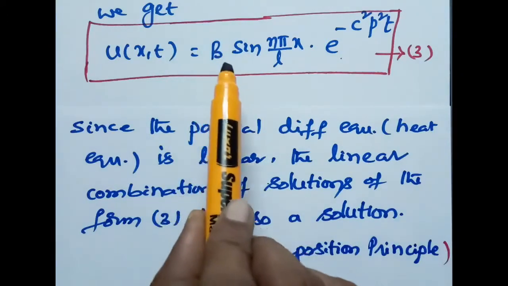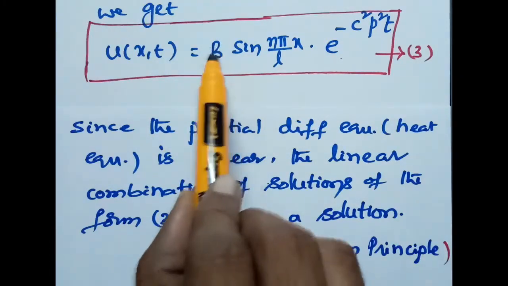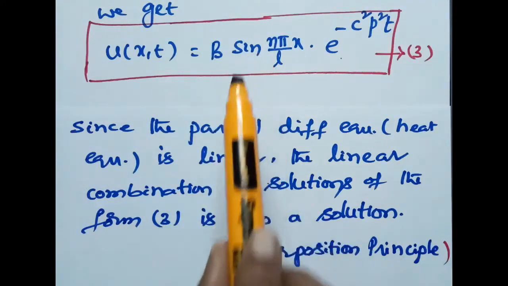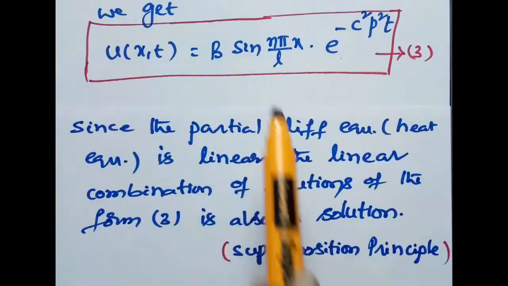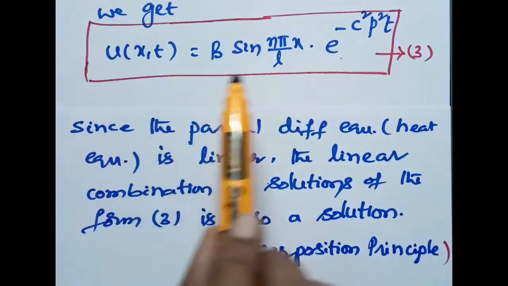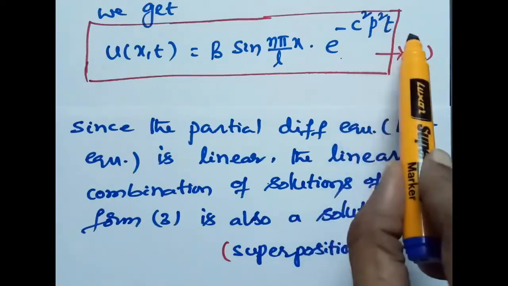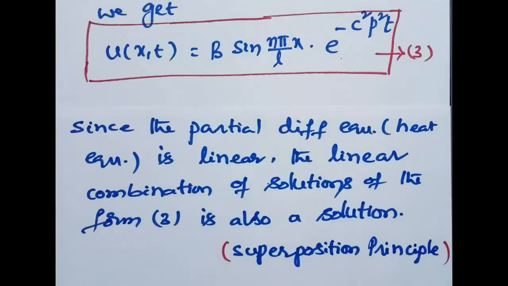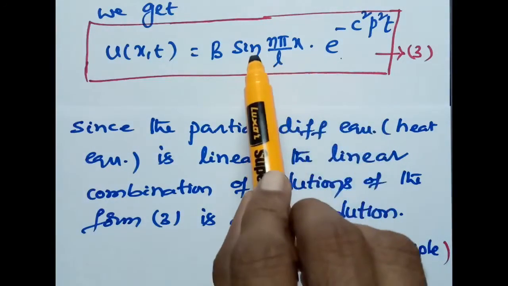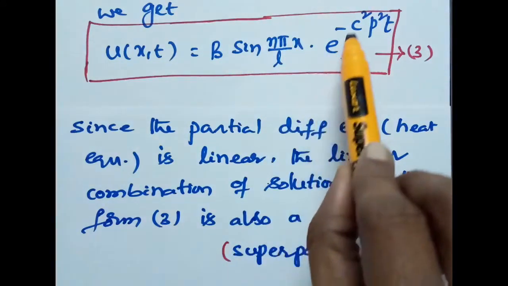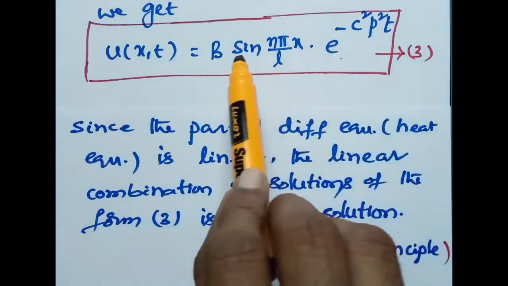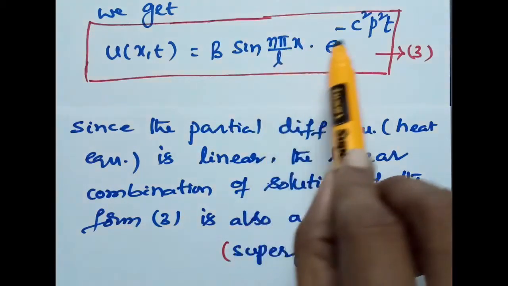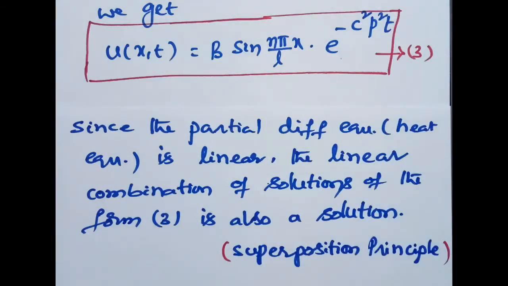We can also write b suffix n here instead of capital B, with n is equal to 1, 2, 3 and so on. So b1 sin pi x by l e to the power of minus c square p square t plus b2 sin 2 pi x by l e to the power of minus c square p square t plus b3 sin 3 pi x by l e to the power of minus c square p square t plus and so on.